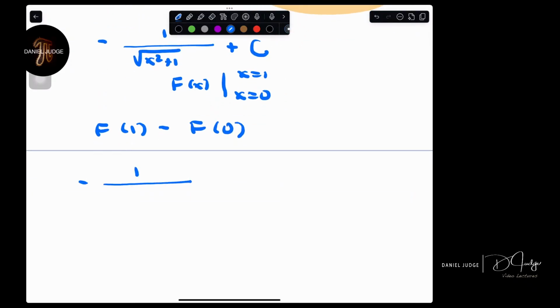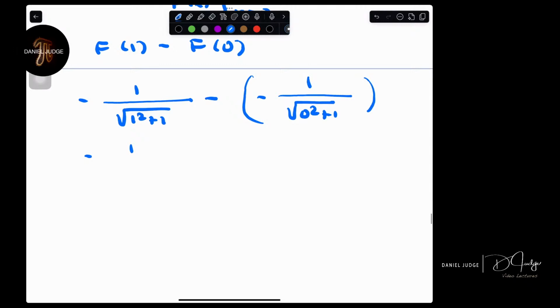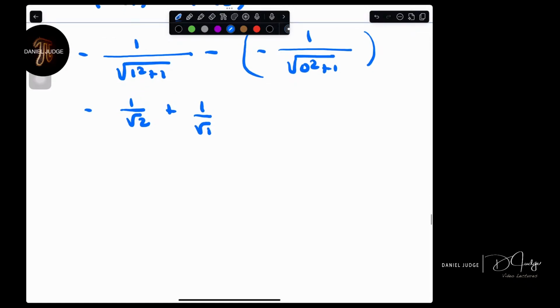Minus 1 over square root of 1 squared plus 1 minus a what? Minus 1 over square root of 0 squared plus 1. Negative 1 over the square root of 2 plus 1 over the square root of 1. Final answer will be 1 minus 1 over the square root of 2.